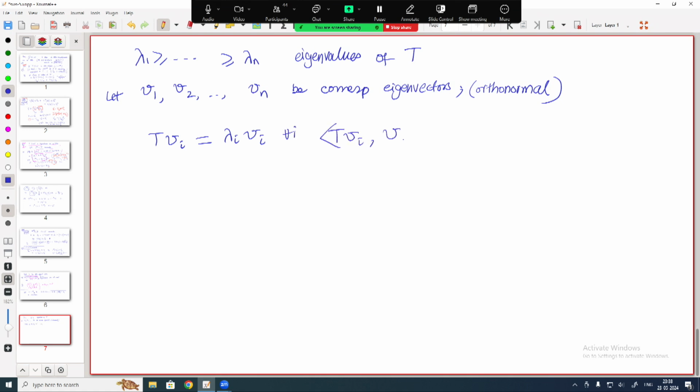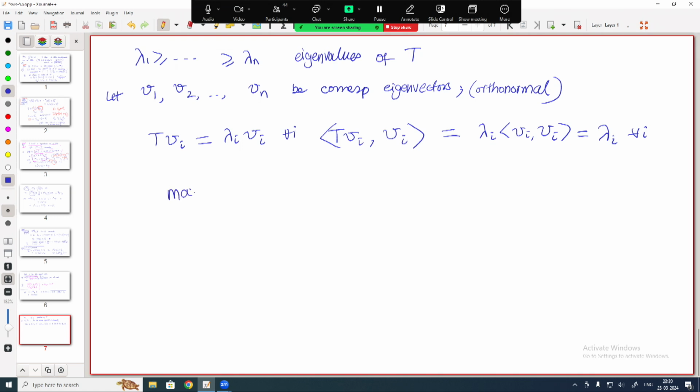If you now look at the inner product of Vi with T Vi, then of course the answer is just lambda i times the inner product of Vi with Vi, but because of normalization that is just lambda i. So, this is for all i. Now, of all the Vi's, which is the one which will maximize this inner product?